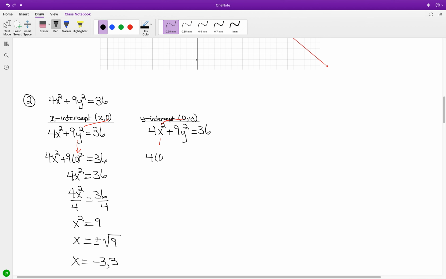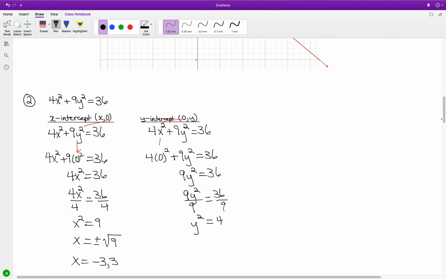So you have 4 times the square of 0 plus 9y squared is equal to 36. The left-hand side becomes 9y squared is equal to 36. Upon dividing by 9, we have y squared is equal to 4.